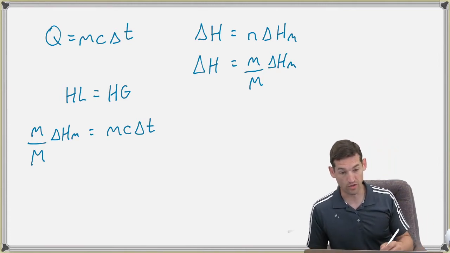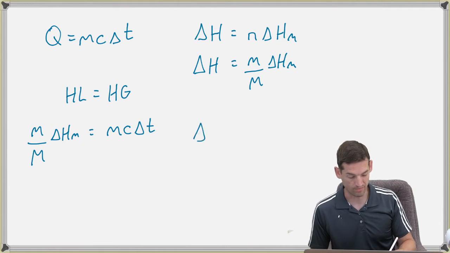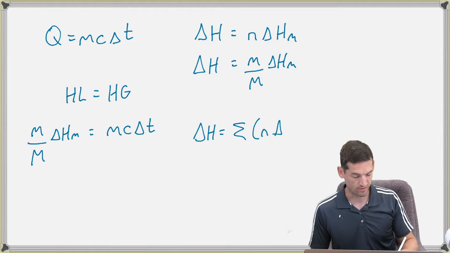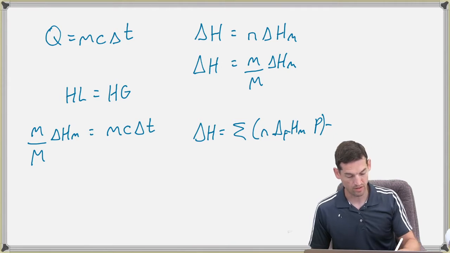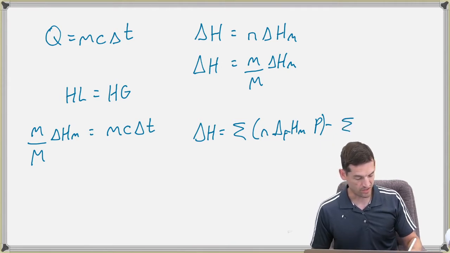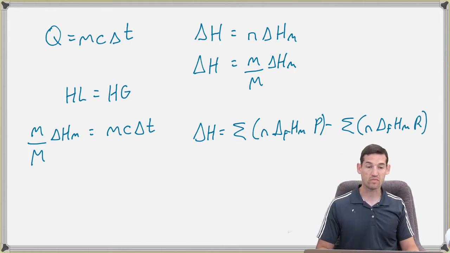And then we've also done our Hess's law. So delta H is equal to the sum of the n delta fHm of the products minus, that bracket, minus the sum of the n delta fHm of the reactants.